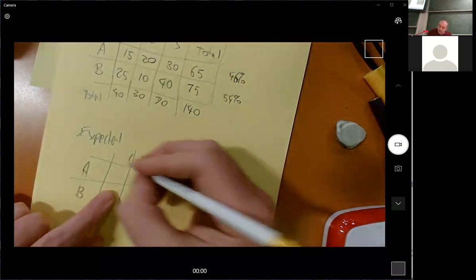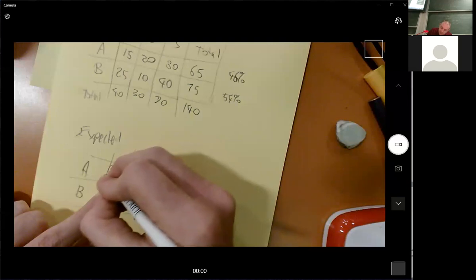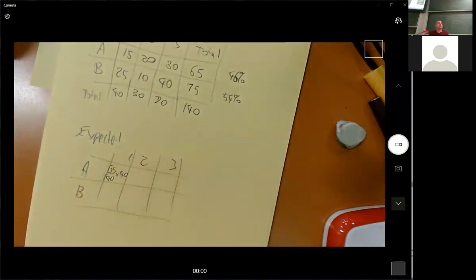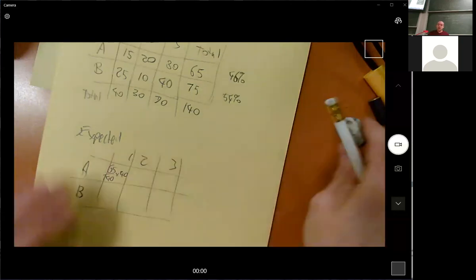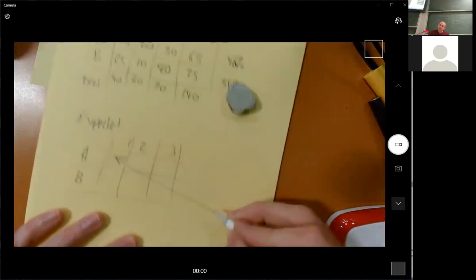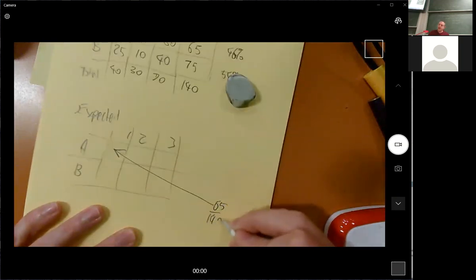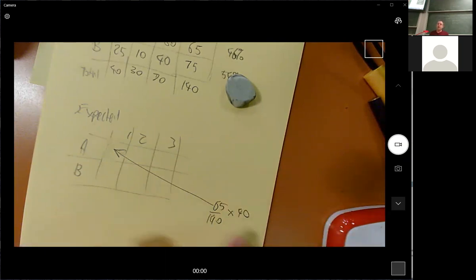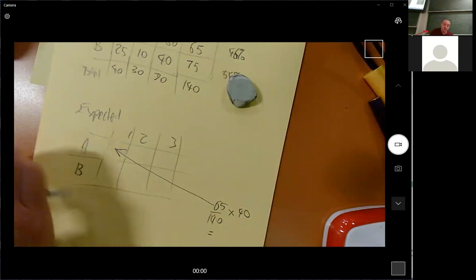And so that is the 65 out of the 140 times the 40, and that's what goes in this spot here. And I'm going to just do that calculation out here. So 65 out of 140 are A's total, and that proportion of the people in situation 1 should be A. And you do that for every box.